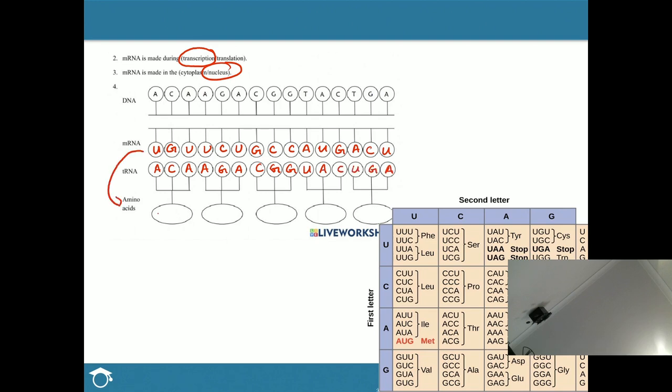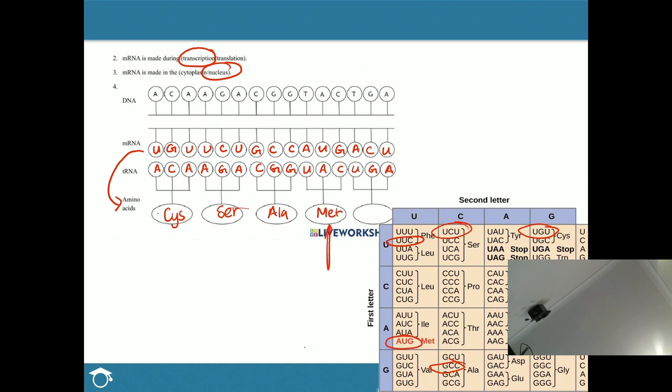And then we read the mRNA off the table. So I've got UGU, Cys, UCU, sorry, Serine, GCC, Ala, AUG, Met.